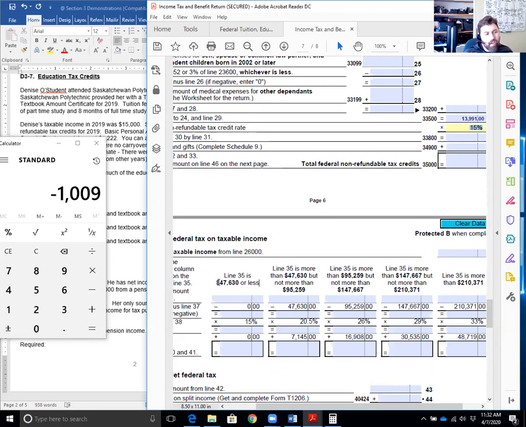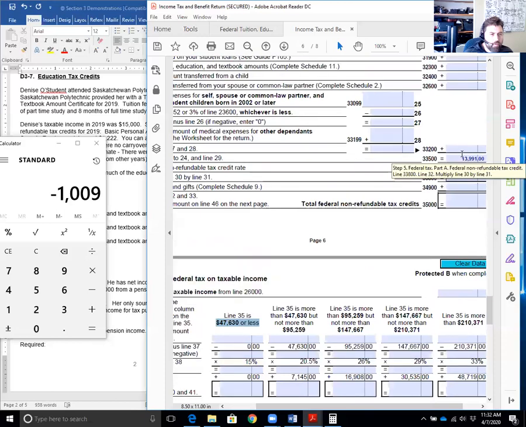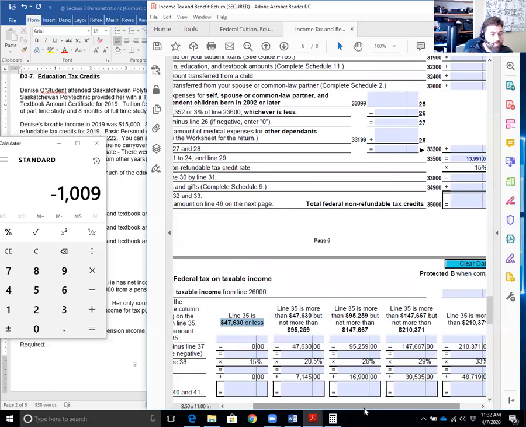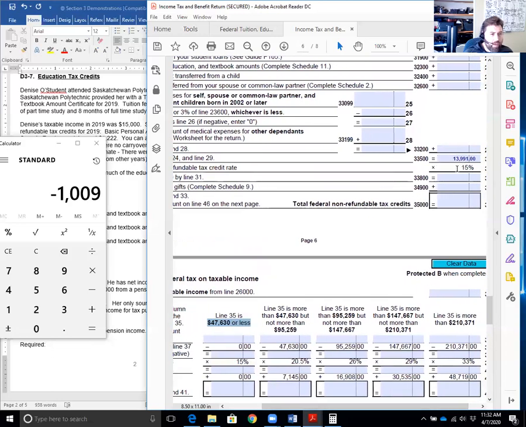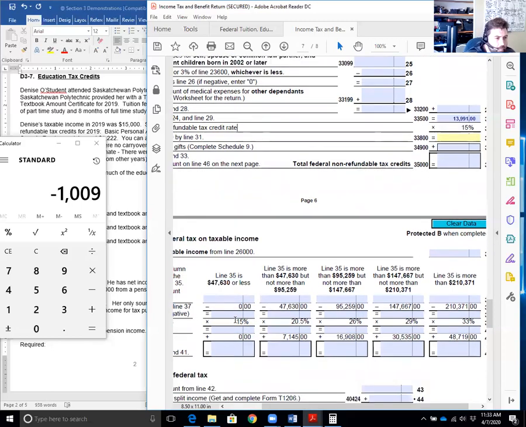Let's say you had $47,630 worth of income exactly, and you also had $47,630 worth of tax credits, those tax credit amounts would cancel out your income, because when you multiply your tax credit amounts by the tax credit rate right here, you get your tax credits, which is going to be equal to your taxes owing on income earned up to $47,630.